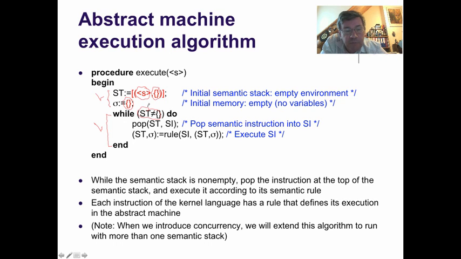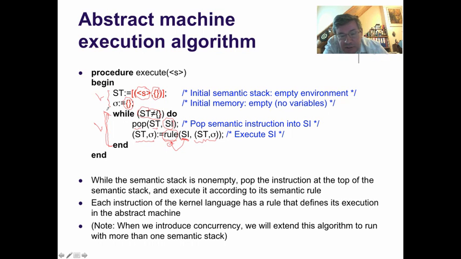While the stack is not empty, we pop a semantic instruction off the semantic stack, so the semantic stack will have one less element. Then we execute this instruction according to its semantic rule. Each instruction in the kernel language has one rule, and it takes an execution state and the semantic instruction, and returns the next execution state. Then the loop continues until the semantic stack is empty.